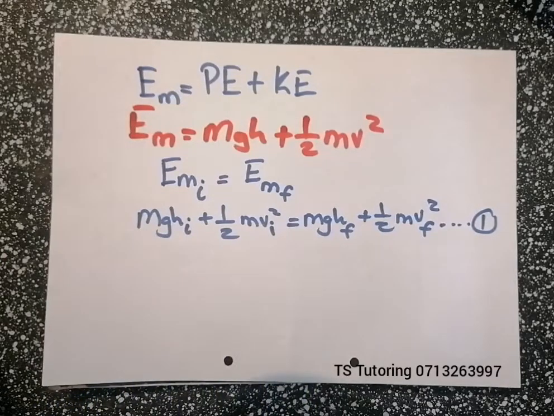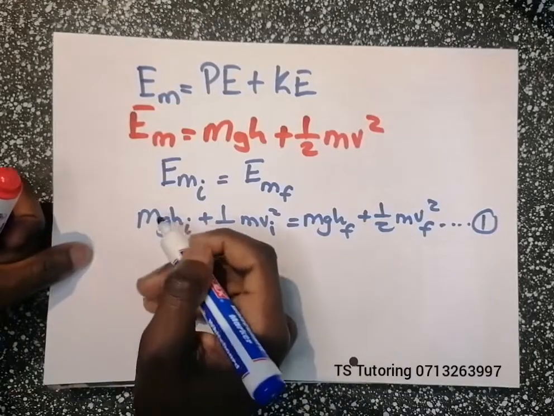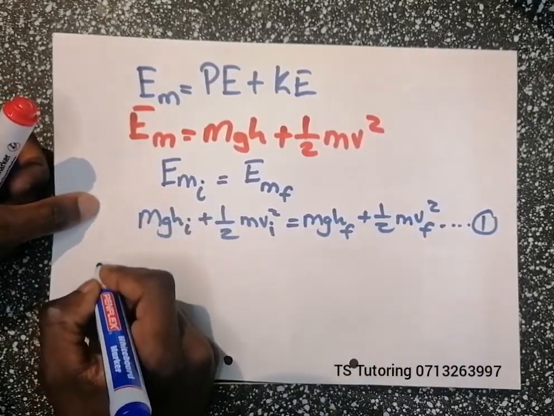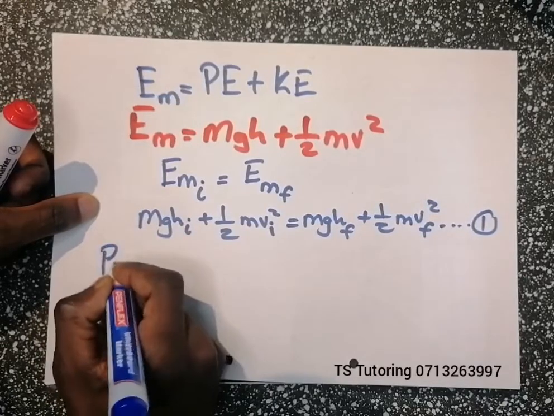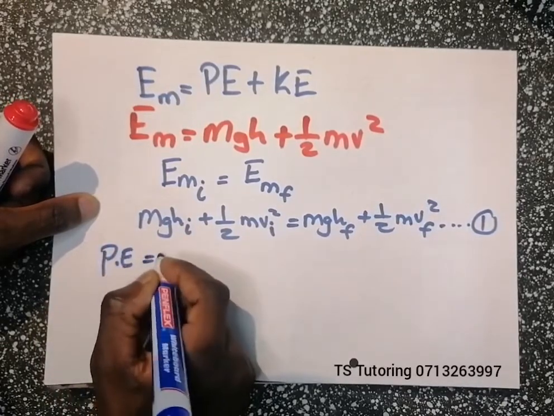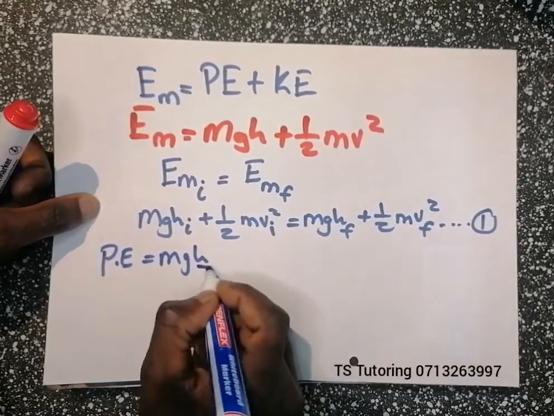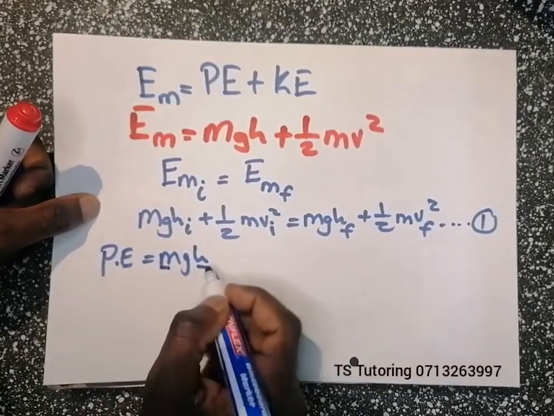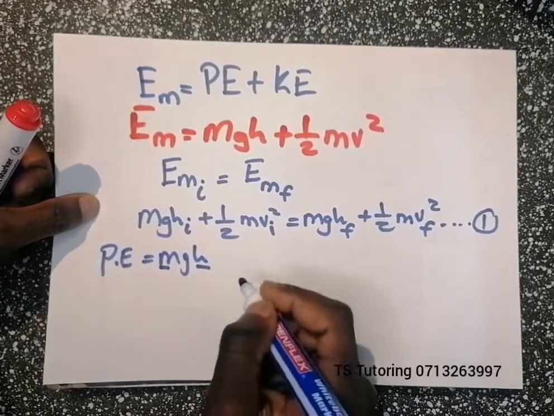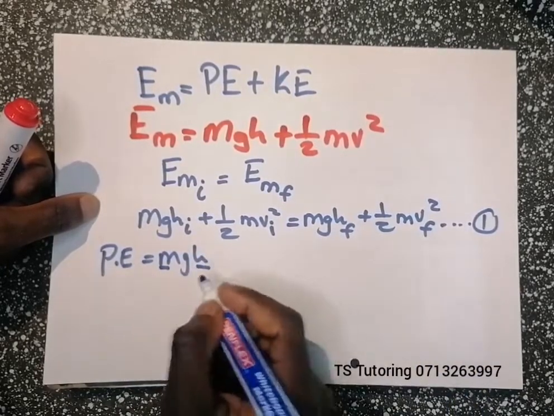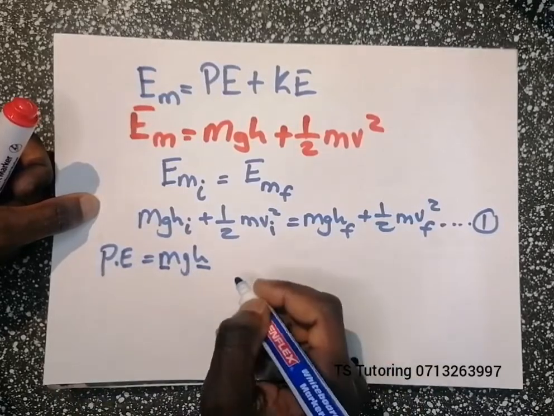What I want to emphasize first is to deal with the gravitational potential energy before we go further. The formula is mgh. It depends mostly on the height, and of course on the mass too. If there's no height, then the gravitational potential energy will be equal to zero.